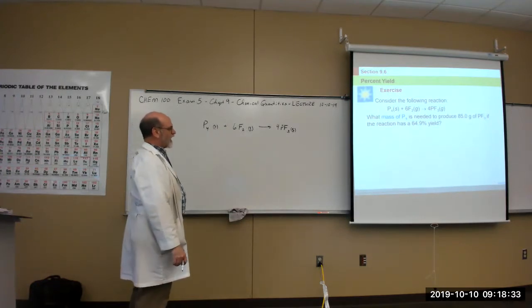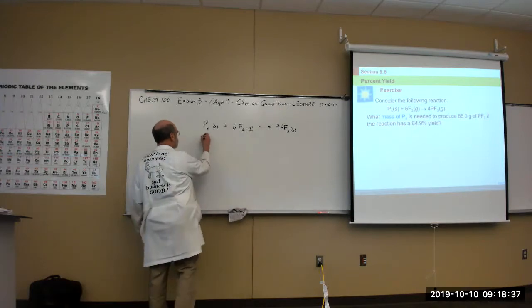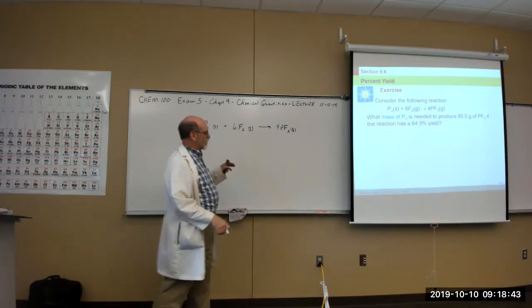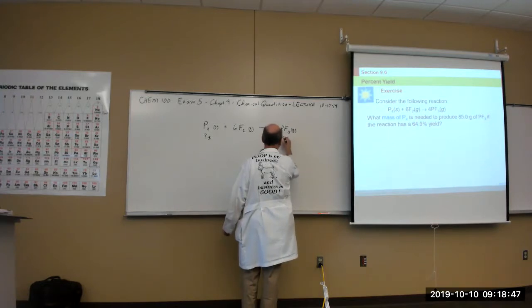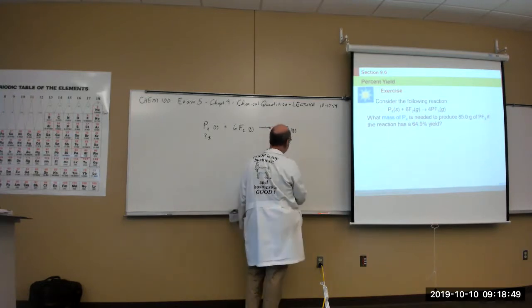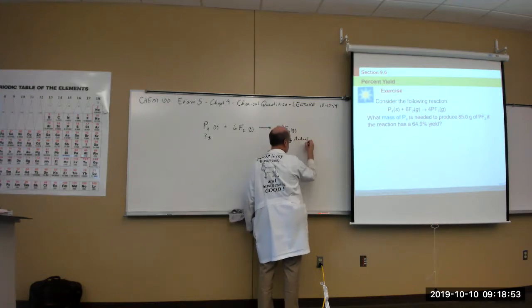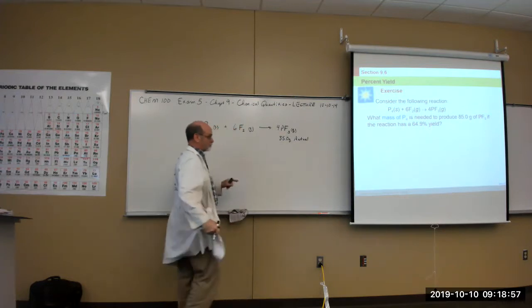Okay, what mass of P4 is needed? So we need a certain mass of that one to produce 85 grams of this one. We want 85 grams of that one, and this is actual. We want to actually collect that amount, right?